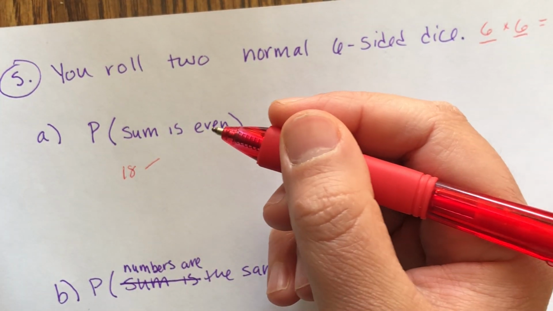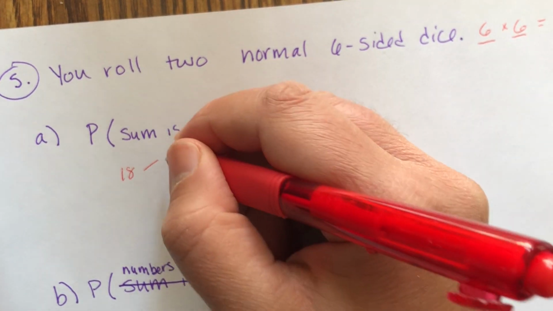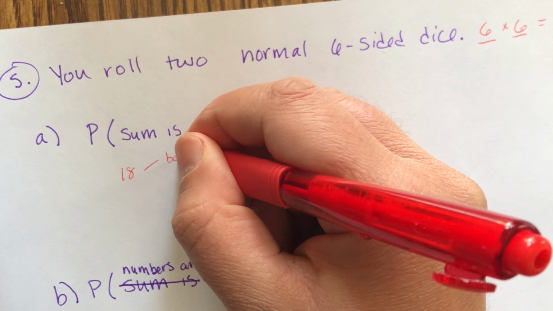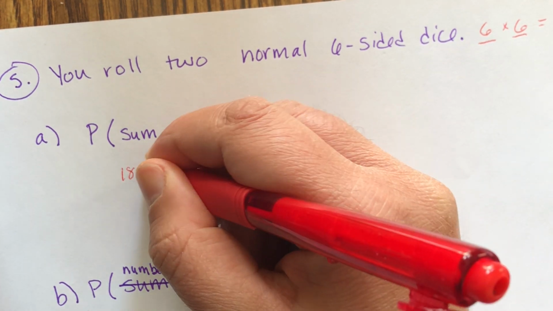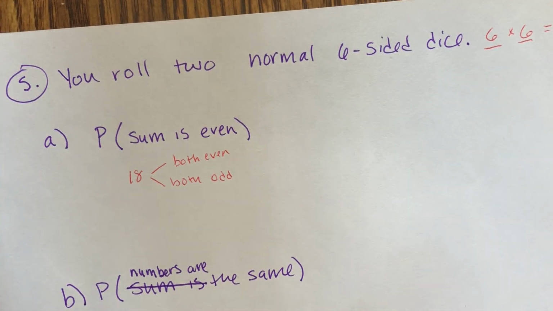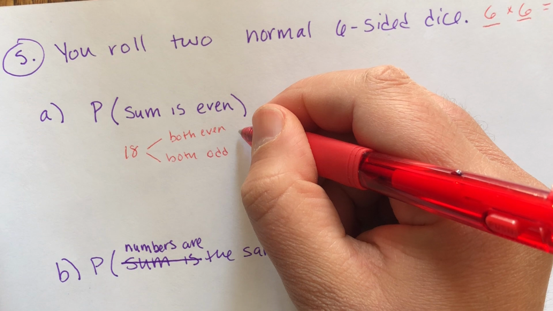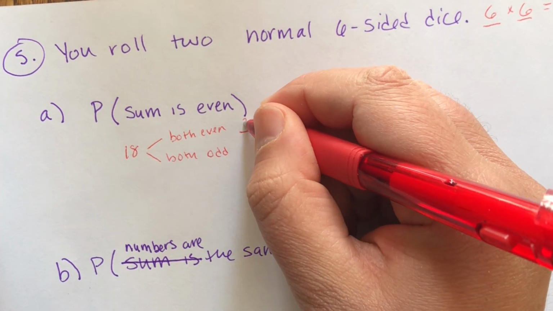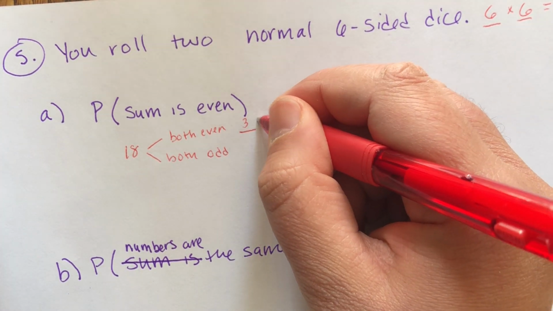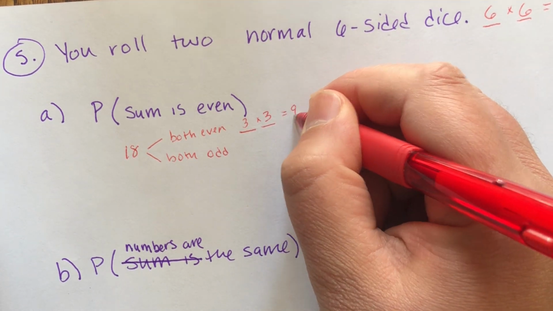If you don't remember, we could figure it out again by saying, well, they're either going to have to be both even or both odd in order to add up to an even number. An even plus an odd would add up to an odd, and that wouldn't be favorable here. So if they're both even, the first die has 3 options, 2, 4, and 6. The second die has 3 options, 2, 4, and 6. So there's 9 outcomes.